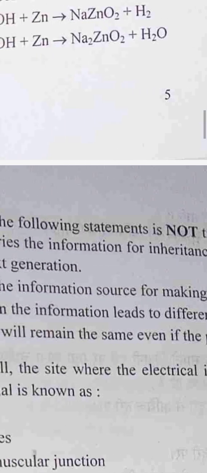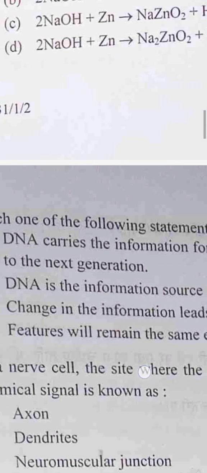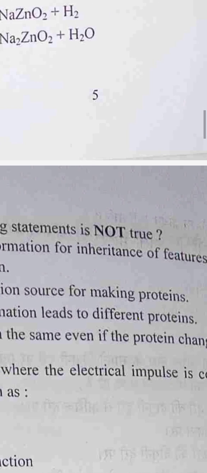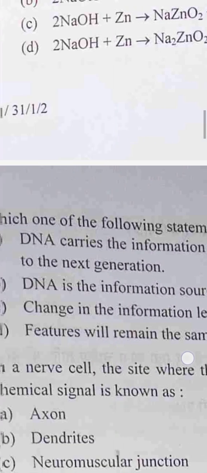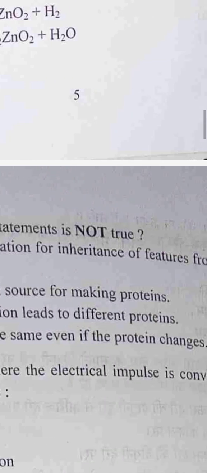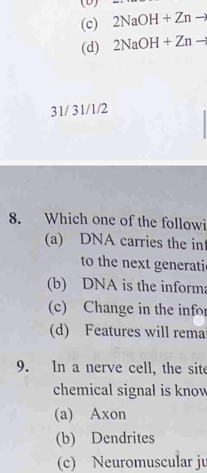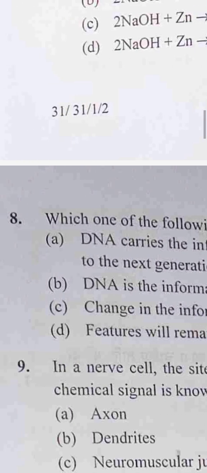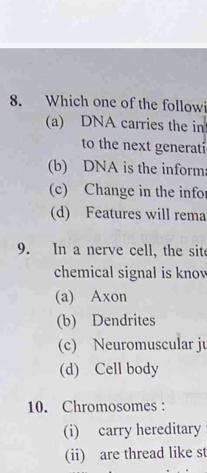Change in the information leads to different proteins. It is also correct. But D option, features will remain the same even if protein changes, is wrong, because if the protein changes, then the features will also change. So D is the false option. So we have to take D option in it.